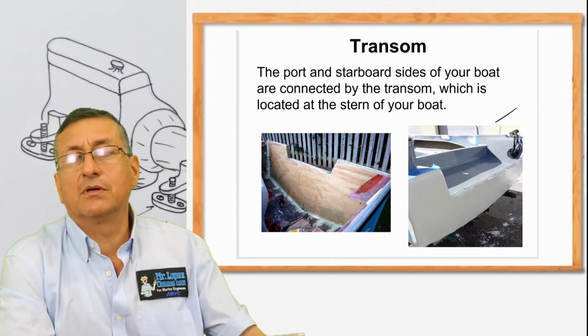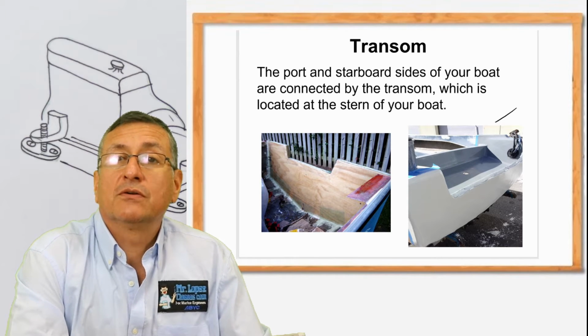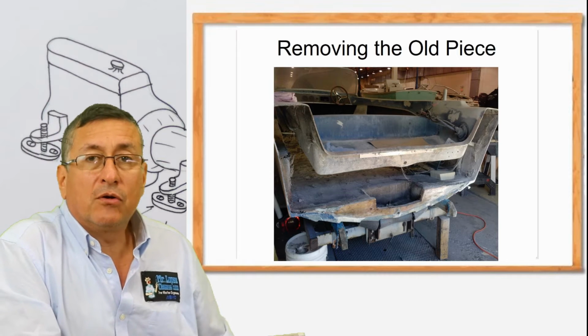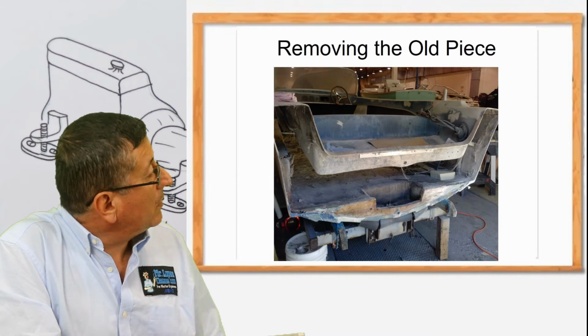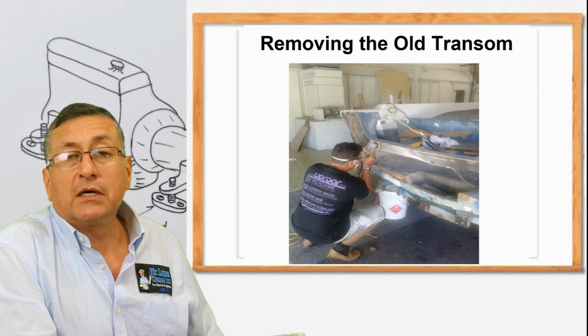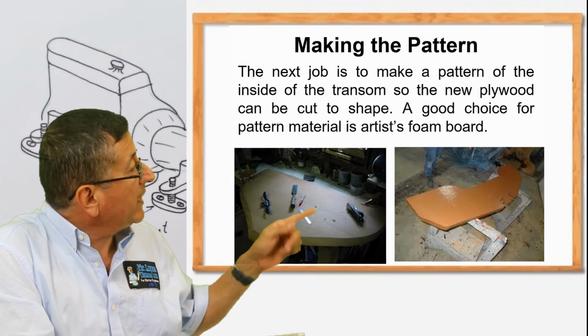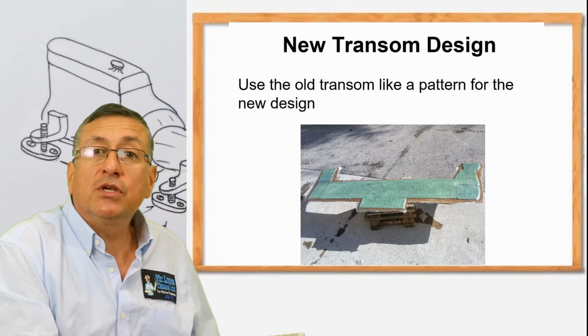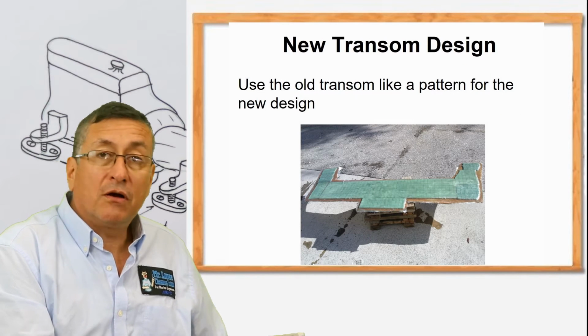For example, in this particular case, this transom was another project in our class of composite materials. We cut the original boat, we removed all the parts, and we fabricated the transom outside, using the pattern of the original.